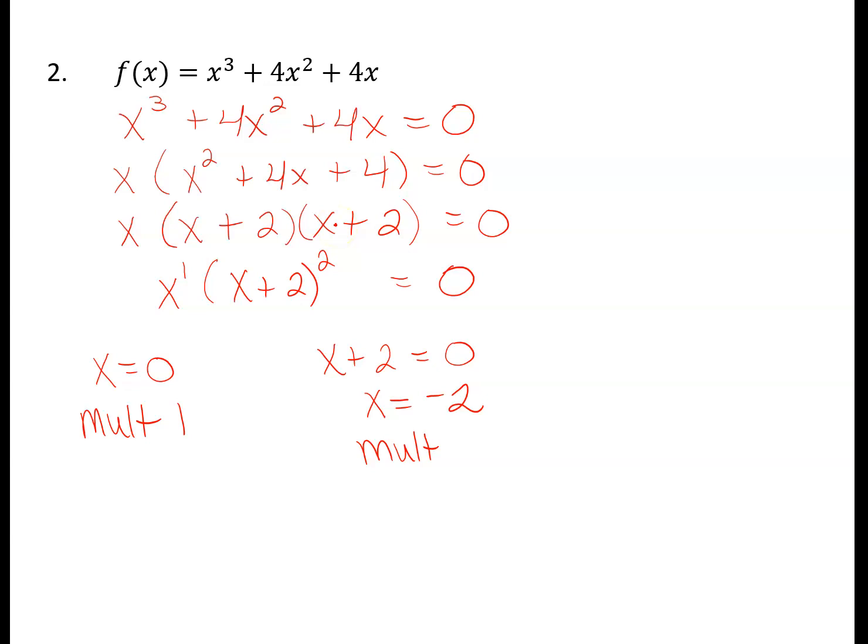So x equals -2 occurs twice. Multiplicity 2. And notice when you add 1 plus 2, you get 3, which is the degree. Look back at your original function. This one we can actually see the highest exponent. It is degree 3, and that's what our multiplicities add to.